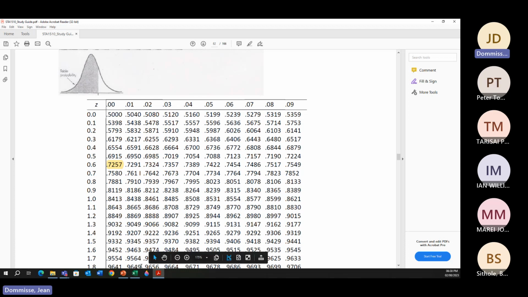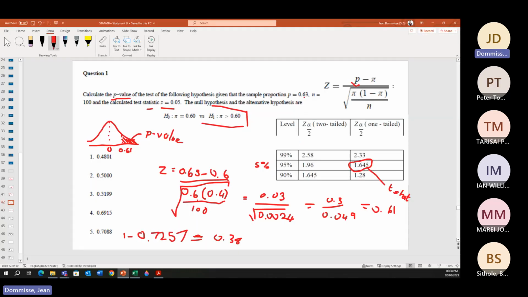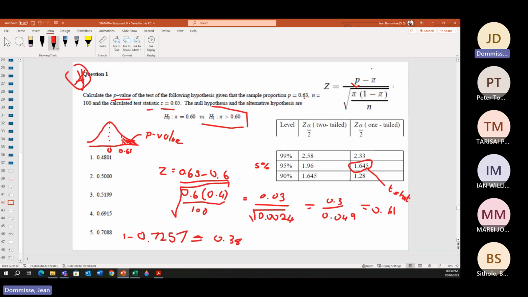Okay, there's definitely a mistake on this one. I will go and check what went wrong here, but this is, so it is 0.3. That is correct. 0.3 divided by that is 0.61. Yeah, so I will need to go and check where this went wrong.